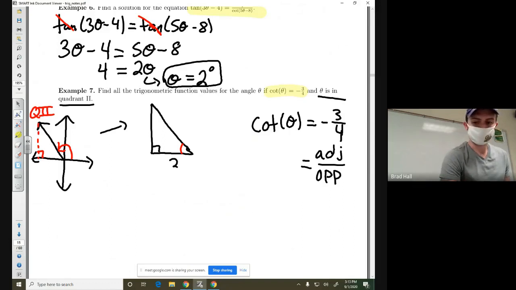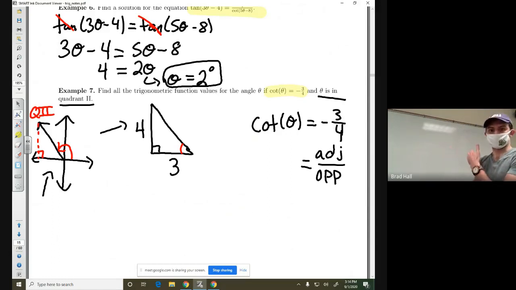I'll put a 3 down here for adjacent and a 4 right here for opposite. That negative sign doesn't just disappear. Where does the negative sign go? It goes on the 3. Because if you notice our triangle that we had, we go to the left, which is a negative direction. Going up is positive.